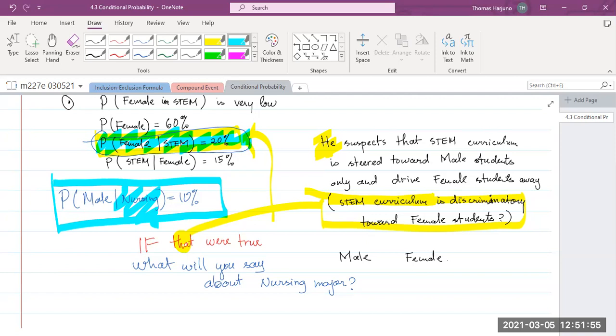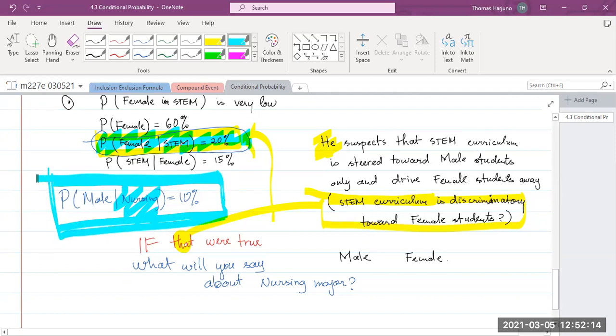Right? So simply because from that number, female participation in the STEM program is low, you cannot conclude it must be because the STEM curriculum is discriminatory. No, we know for sure that we cannot apply that same notion to the nursing program, right? What about thinking this way? What makes more female in the nursing program instead of male?